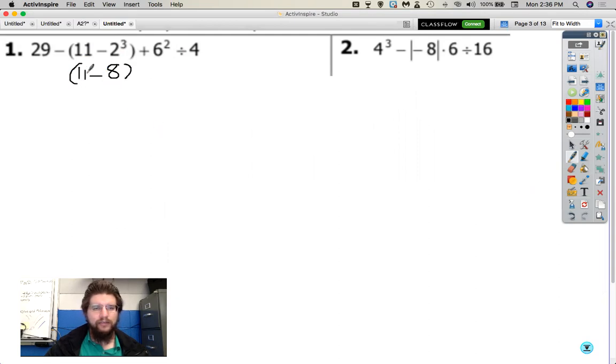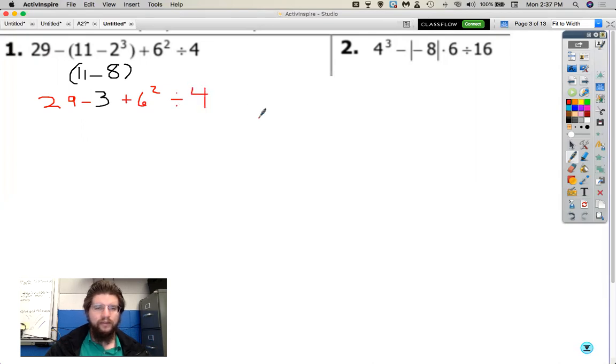I'm going to do that because it's still in parentheses. I just simplified the parentheses a little bit. 11 minus 8 is 3. So now I have a single numerical value I can drop the parentheses. So I'm going to put everything else: 29 minus 3 plus 6 squared divided by 4.